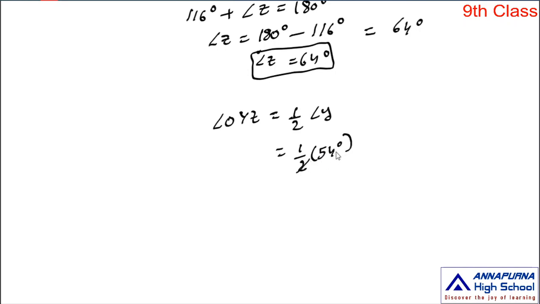Cancel the two table in 54 degrees, 27 times, that is equal to 27 degrees.